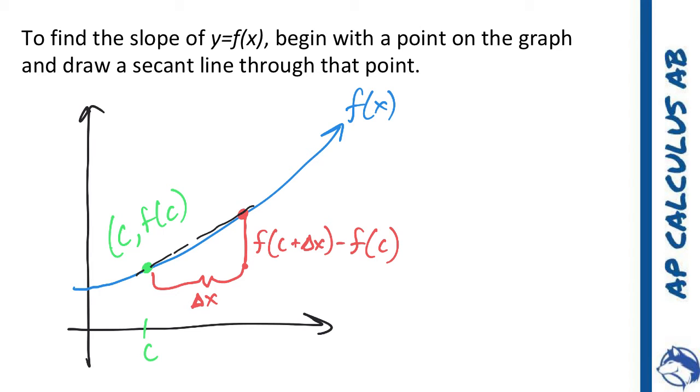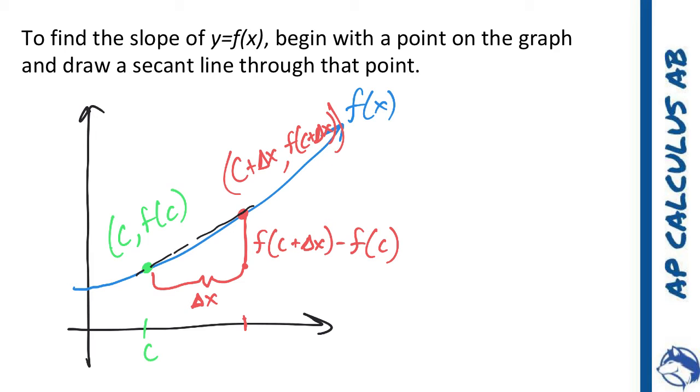So this new point up here is going to be called c plus delta x. That's the x because we went c and we're going over delta x more to get there. And then it's going to be this y value, f of c plus delta x. So it'll look like that, and that's our point there.